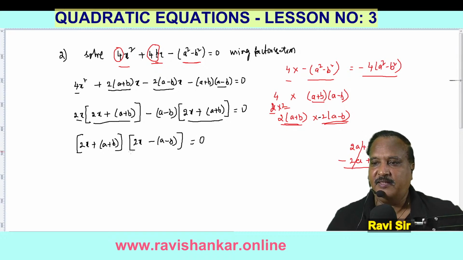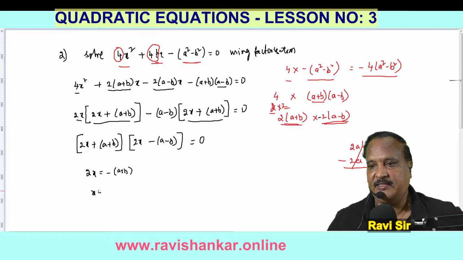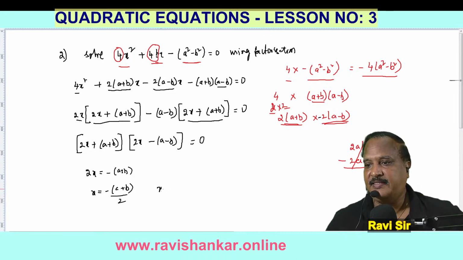Now I have got two factors, so ultimately I have to find the values, solutions, roots. So 2x is equal to minus a plus b and x is equal to minus a plus b upon 2. And here x is equal to, this minus will become plus, a minus b upon 2.